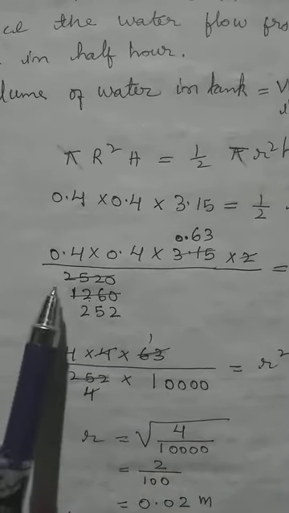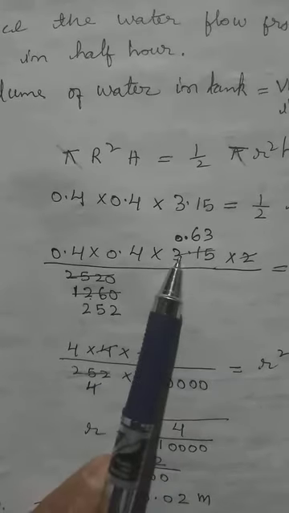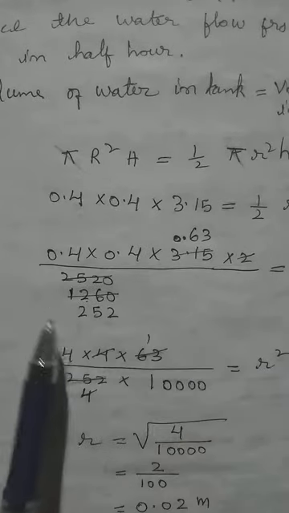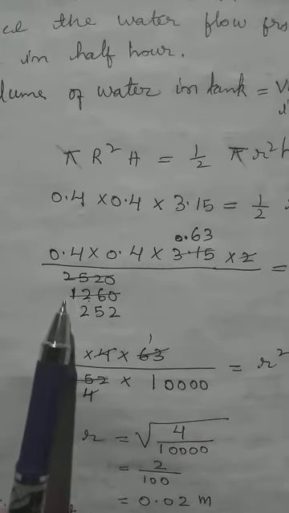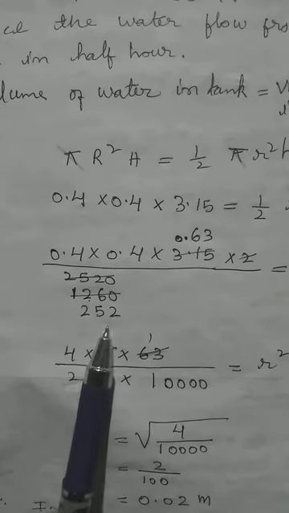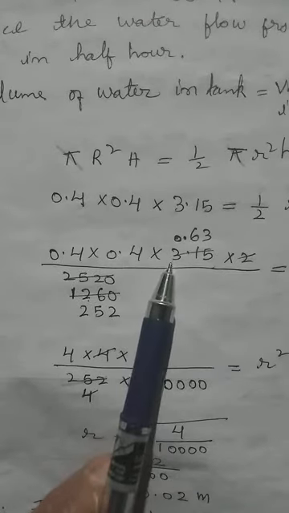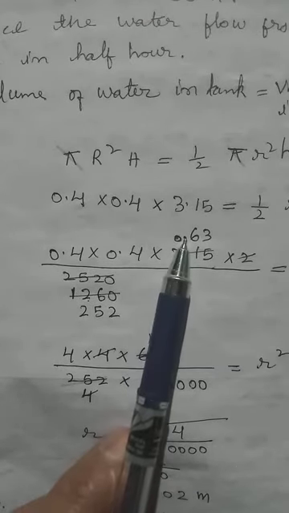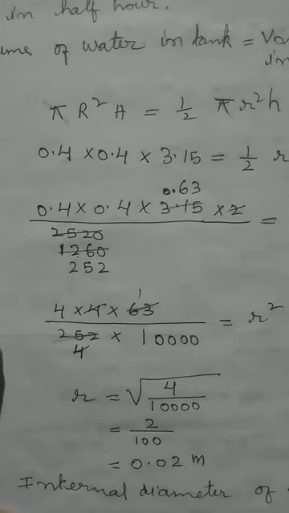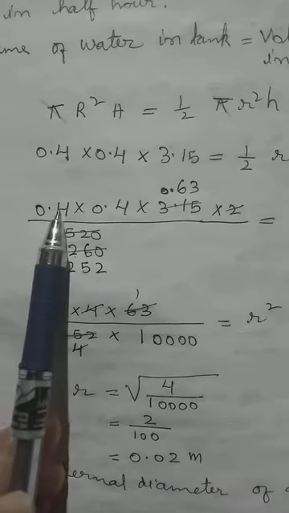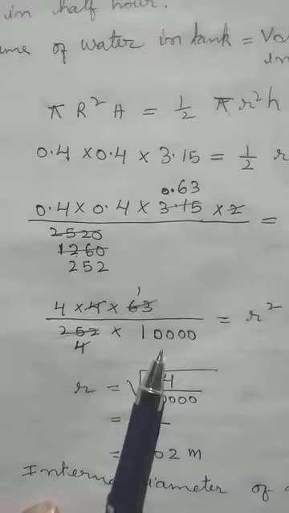Here if you go with 2, then 1260, then again with 2, then 5 into 2, 5 into 5, 5 into 2, and here we have 5, because 5 is less than 3, so we go directly with the decimal, it becomes 63. Then in order to remove the decimal, we have 1 2 3 4, we can put 0 down.